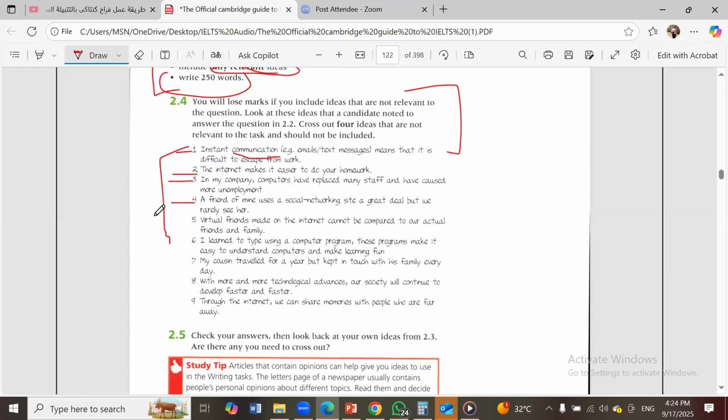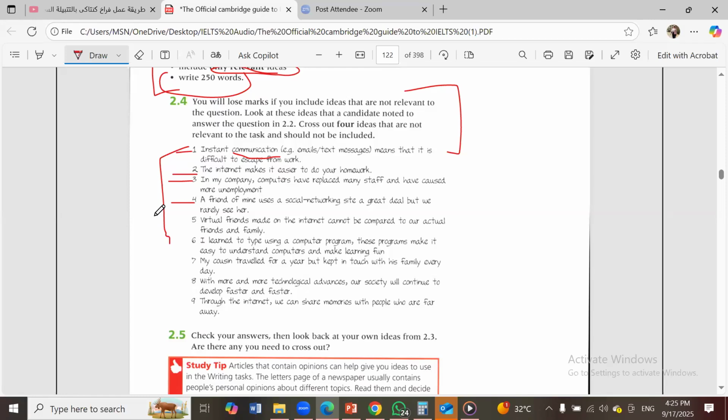A friend of mine uses a social networking site a great deal, but we rarely see her. Yes, social media. I think yes, it's relevant. Is it your opinion or a personal example?